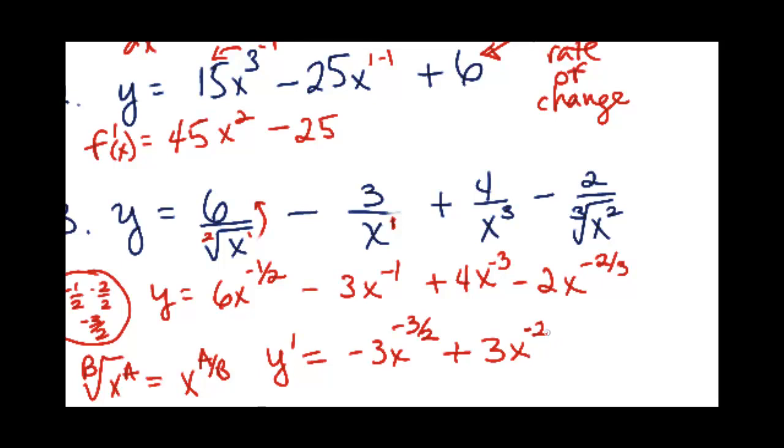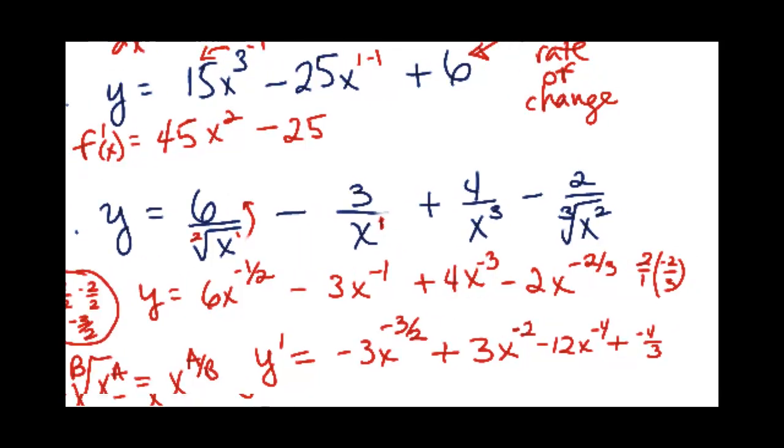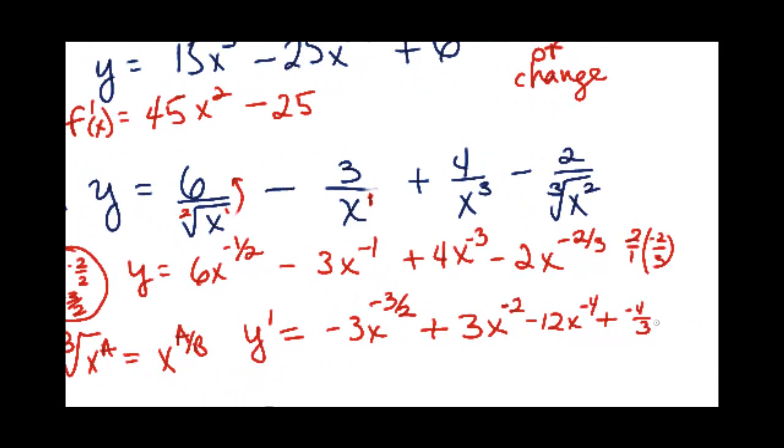So here we have minus 12x to the negative 4, and then when I multiply this, I'm going to get a positive. That would be like 2 over 1, negative 2 over 3. There's nothing to cancel, so multiply directly across, and you get a negative 4/3 x to the negative 5/3.